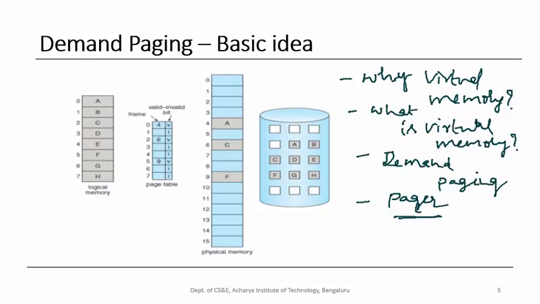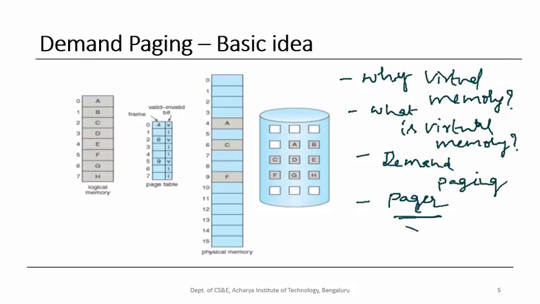So that could be another approach. So both these approaches are demand paging approaches. Either it could be pure demand paging, or bringing in some of the pages and keeping the other pages in the swap space of the hard disk, and bringing them only when they are necessary. Okay, so these are the things that we have discussed in today's classes.